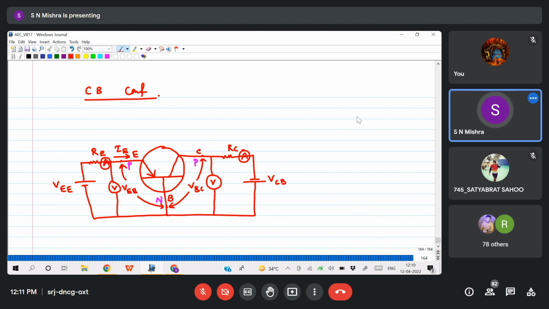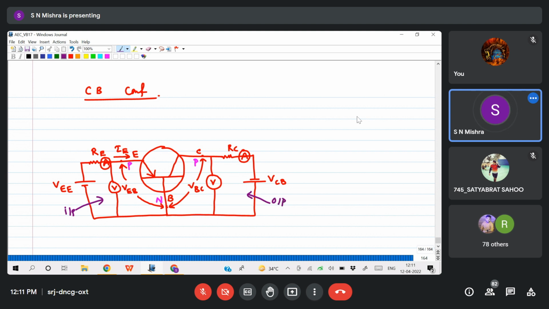So this is the diagram of CB configuration. Once you do that, then we have to see how we'll go for input and output characteristic. So this side is your input side and this side is your output side.